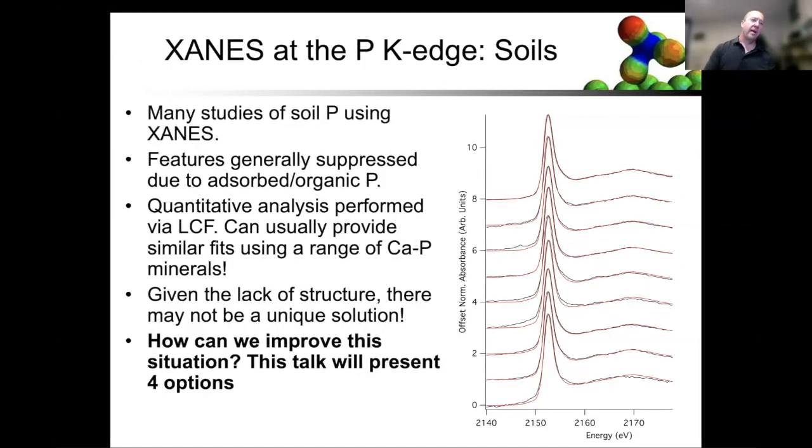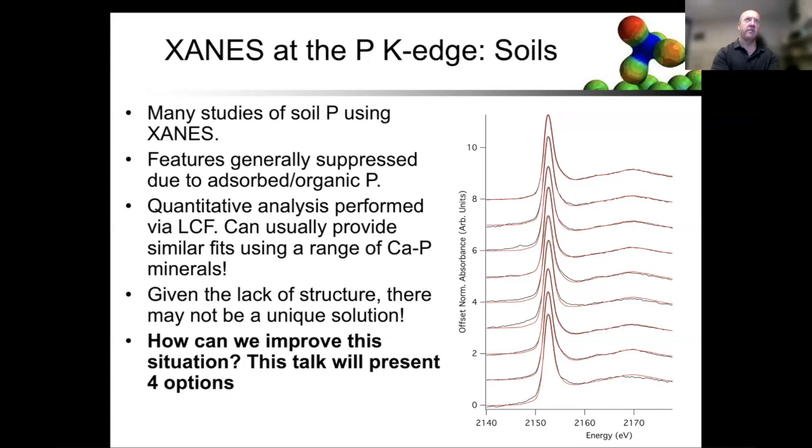But the problem, the dark secret of this, is that while your reference materials all have very different spectra, and you can make constructed mixtures and do speciation and everything looks good, when you actually measure the speciation of phosphorus in a soil, you typically find that there's not nearly as much structure.